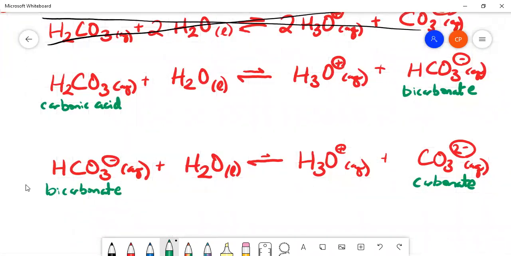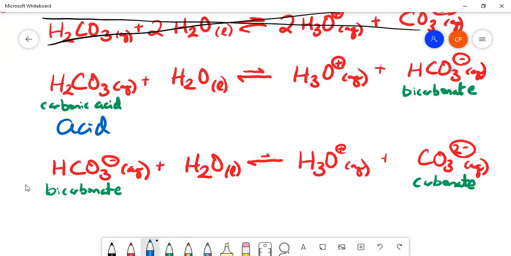Now, on the reactant side of the very first reaction here, what's our acid? Simple, stupid, obvious. On the left side of this reaction between H2CO3 and H2O, the acid is, it really is carbonic acid.